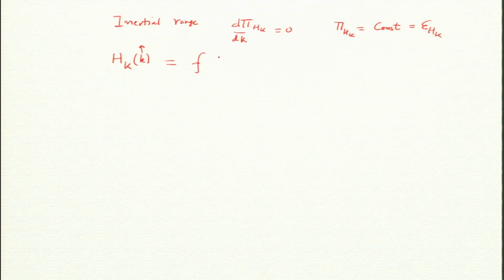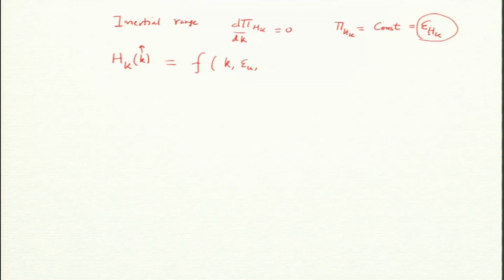It is a function of k as well as epsilon_u, the kinetic energy flux or kinetic energy dissipation rate, and wave number, but it could also depend on Pi_u and Pi_H, both of which are constants. So, I have 3 quantities which it could depend on.